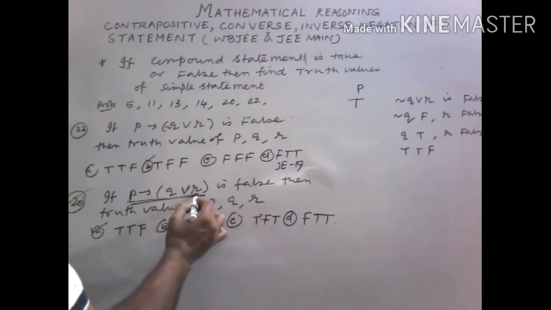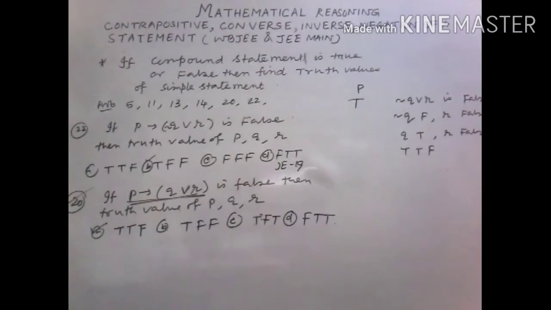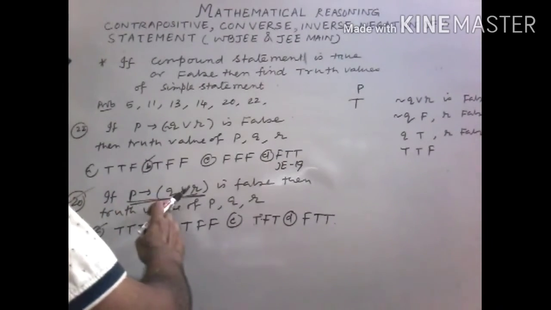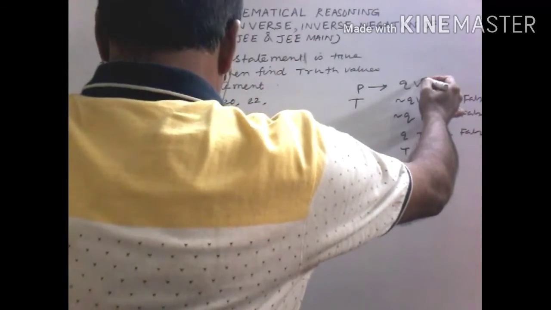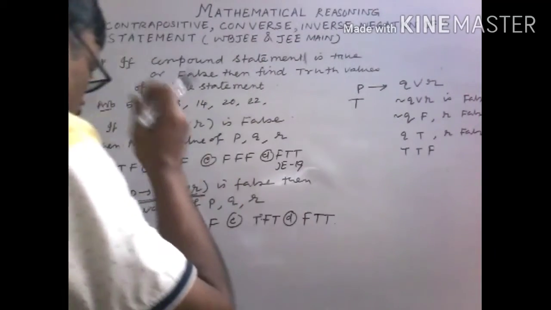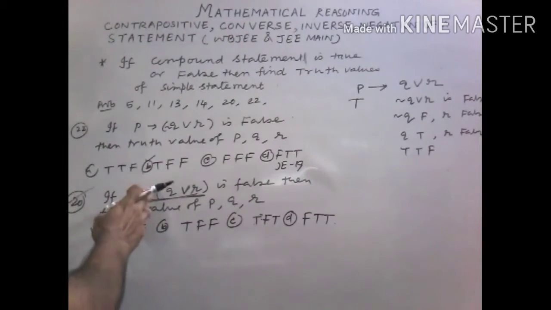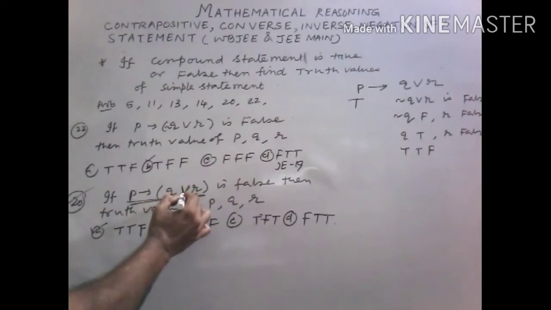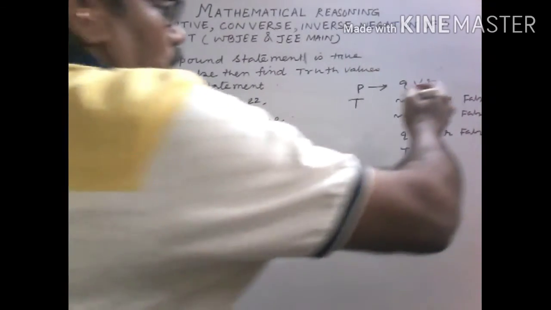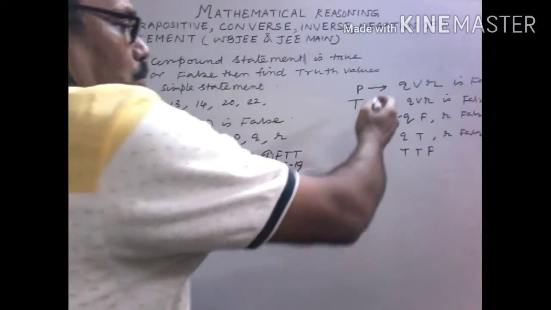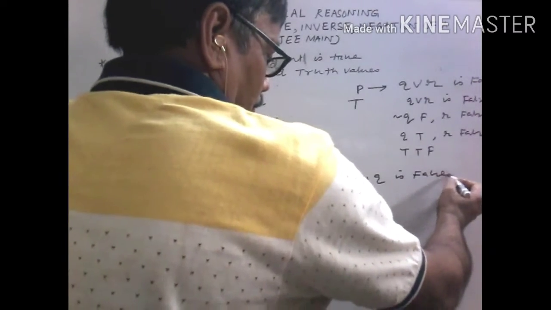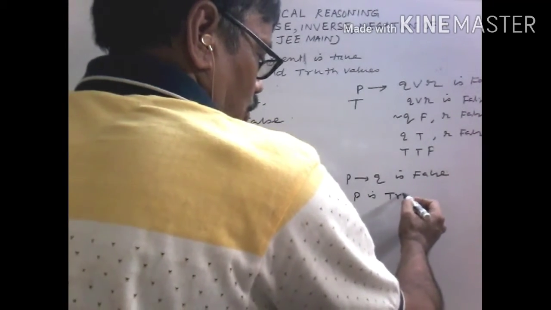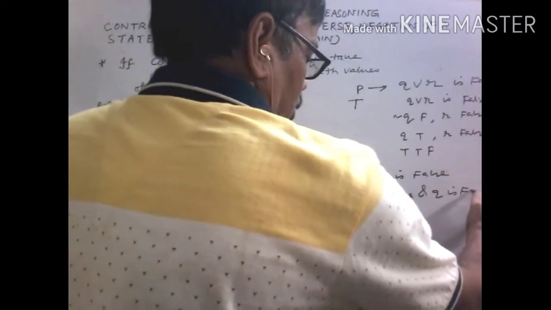This is a compound statement, and the simple statements are P, Q, R. From the truth table, you know P arrow Q is false only when P is true and Q is false.